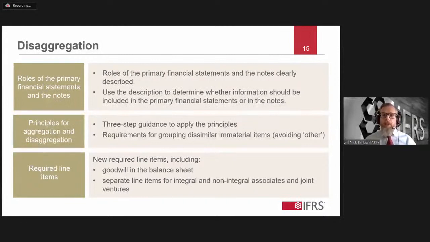Complementing that, we've introduced some principles around aggregating and disaggregating the individual line items. So introducing the concept of looking at the characteristics of those line items, aggregating those that have similar characteristics and disaggregating those that have dissimilar characteristics, along with a three-step process to think about making those decisions in the financial statement preparation process.